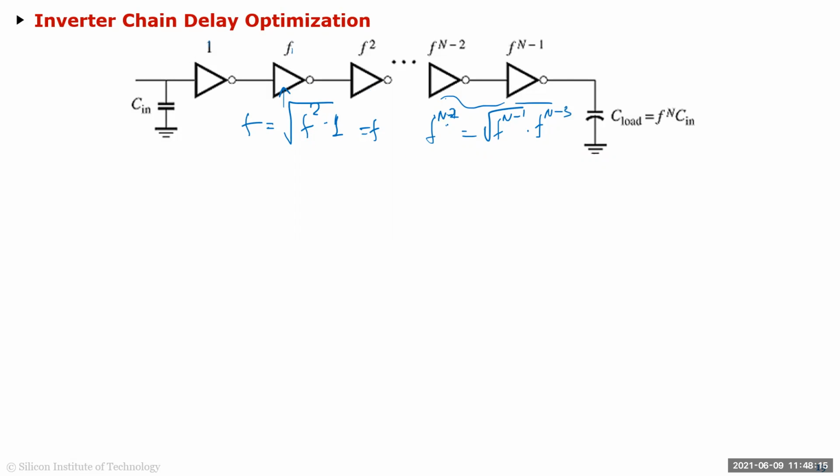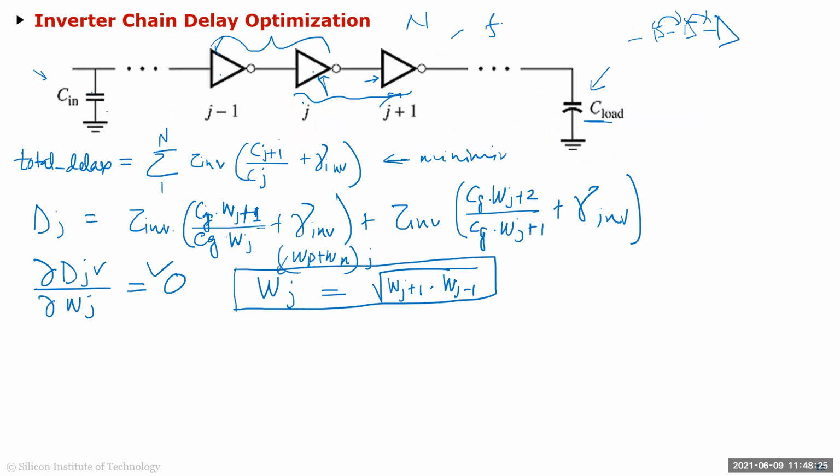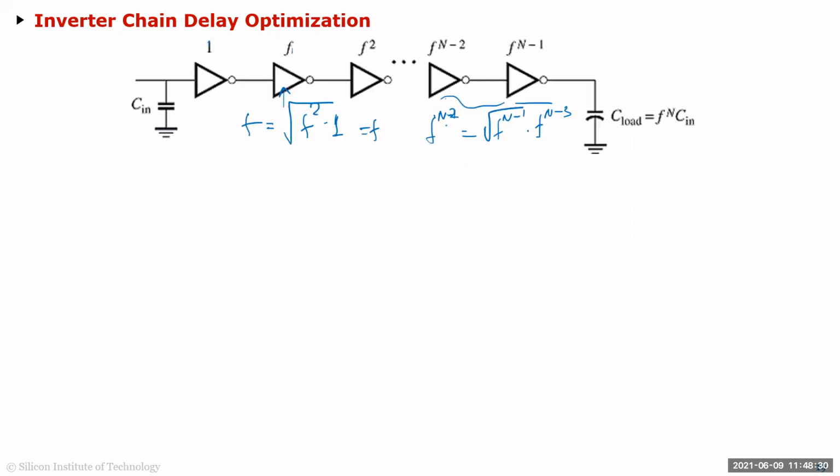So that will be F basically. All of them just turn out to be F. So if I have a fan out ratio of F and I just keep multiplying F by F, then I'll meet this requirement to minimize the delay.